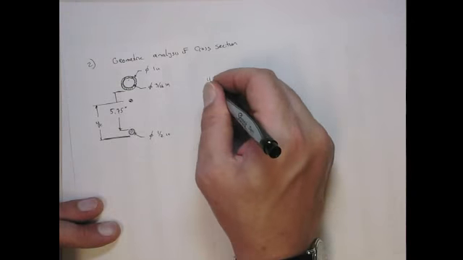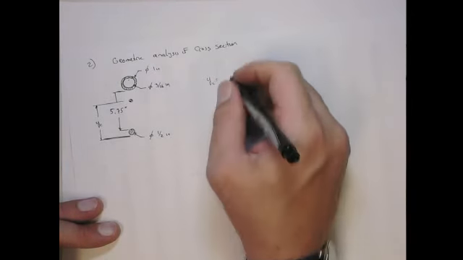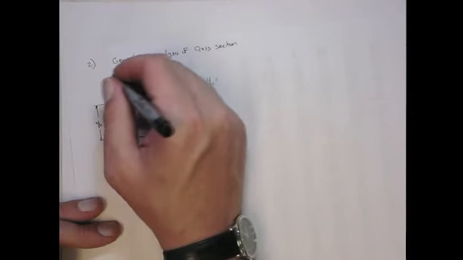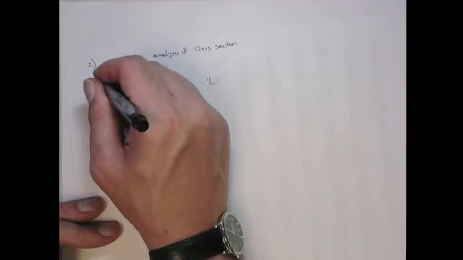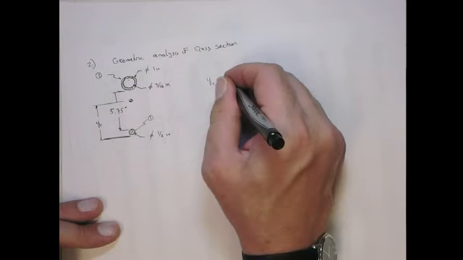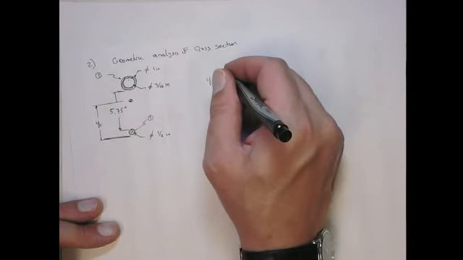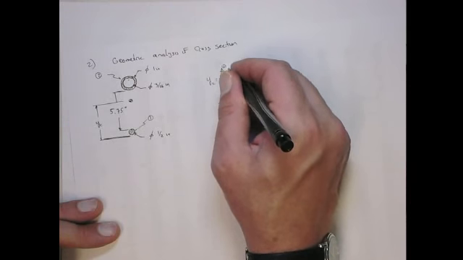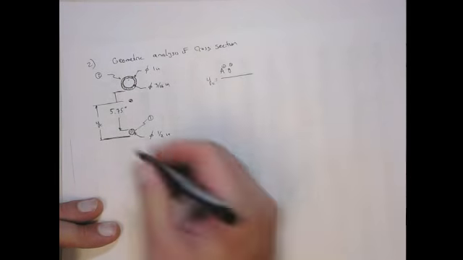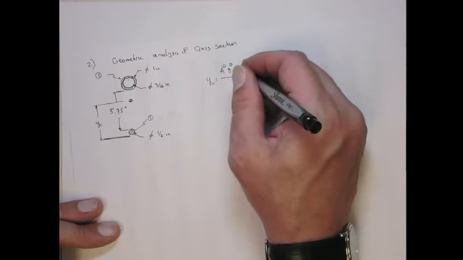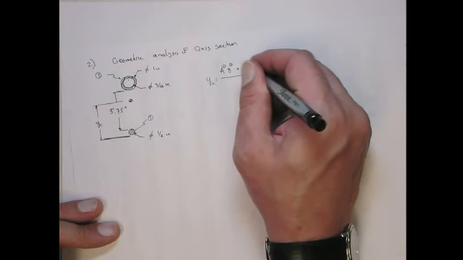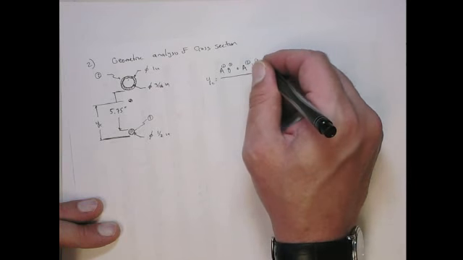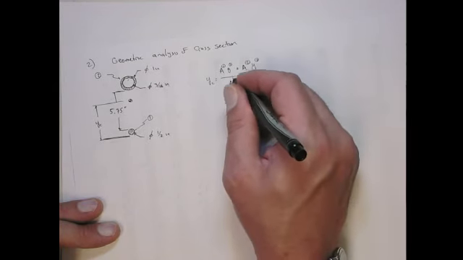But YC is going to equal, and let's call this body 1, and this is going to be body 2. So the location of the centroid is going to be the area of body 1 times the distance from the bottom to its centroid plus the area of body 2 times the distance from the reference to its centroid over the total area.